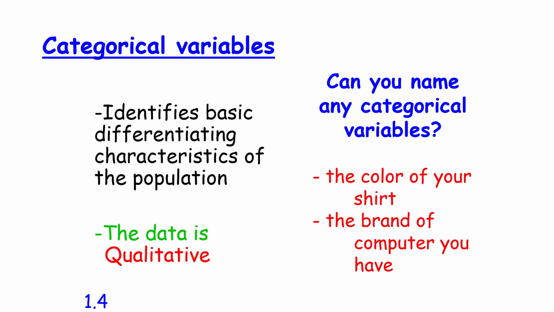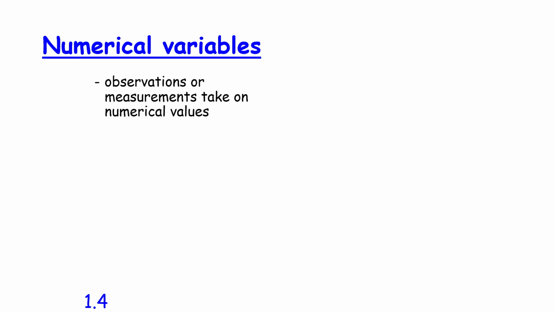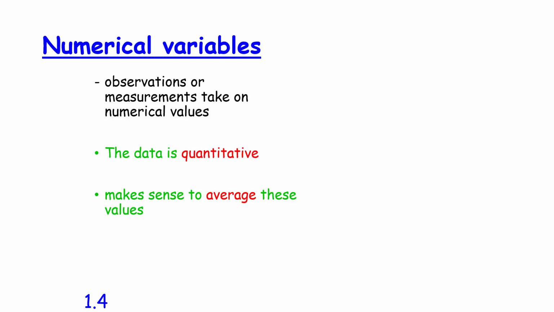Let's talk a little bit about numerical variables. Now, numerical variables are observations or measurements taken on numerical values. Here, the data is quantitative. It makes sense to average these values.